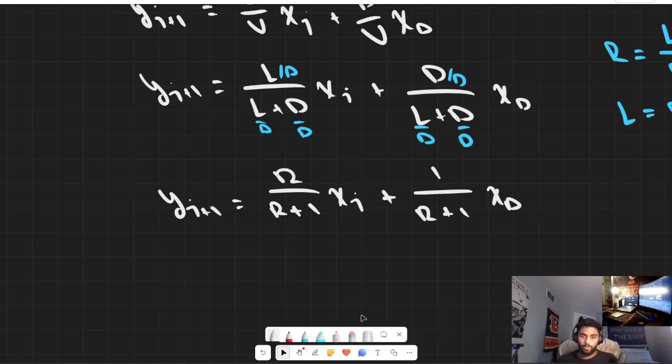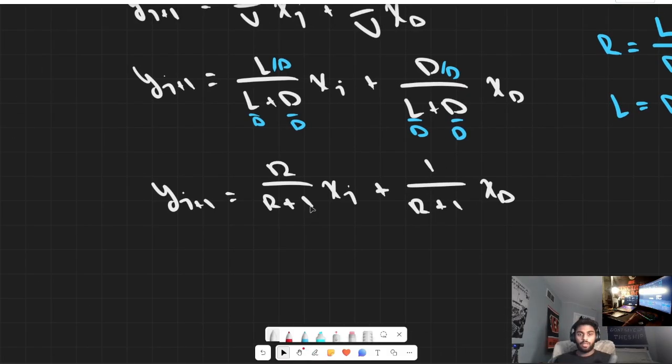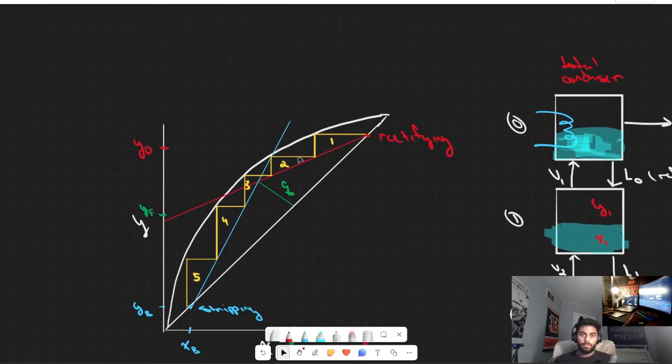And now we have a component-based mass balance for the rectifying section of our distillation column in terms of our reflux ratio. So essentially now what we have is the governing equation for our rectifying line, this line right here.